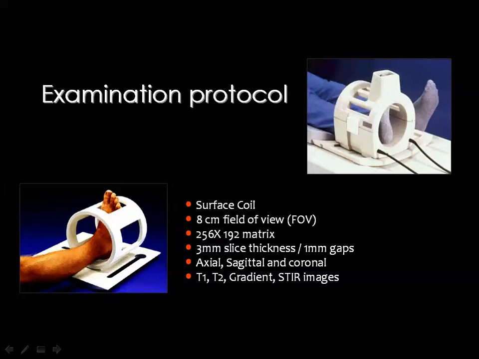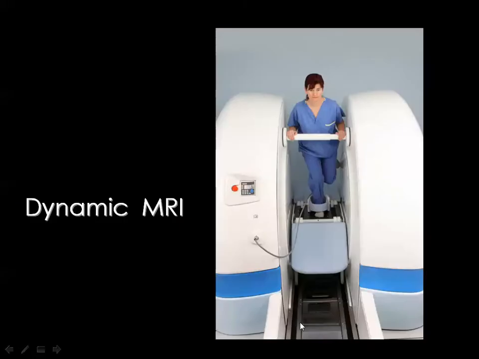Then, in the protocol of the ankle joint, we should have axial, sagittal, and coronal images, including the T1, T2, the gradient, and the STIR images. And recently, you know that we have the dynamic MRI, which enables the examination of the patient while weight bearing.